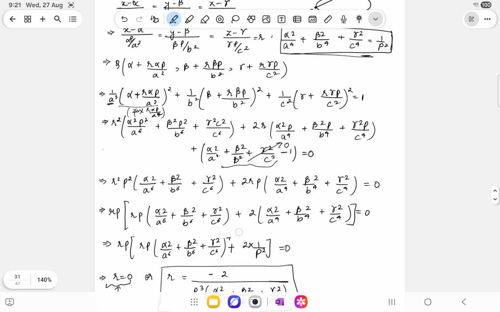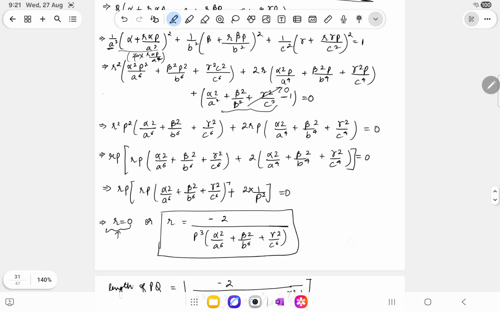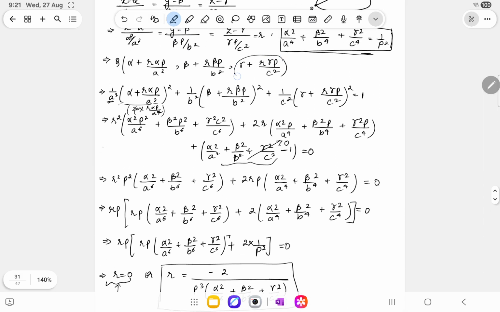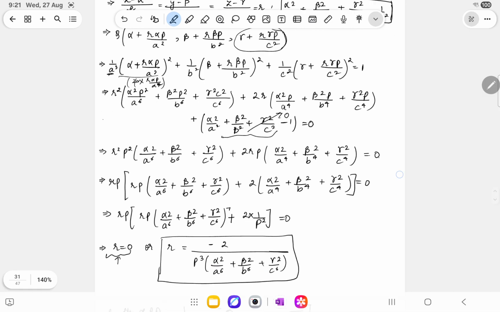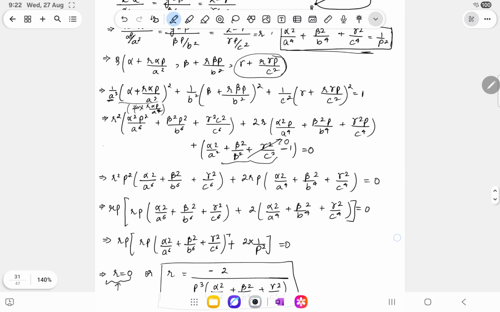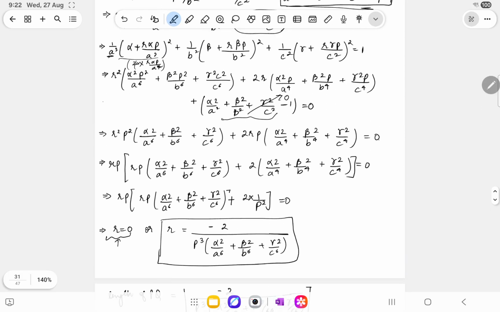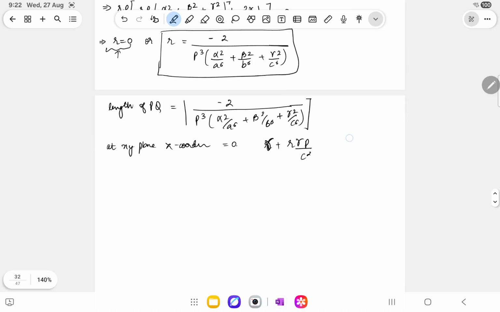So if I equate the z coordinate equal to 0 at the xy plane, that is gamma plus r into p gamma by c square, I guess, is equal to 0.